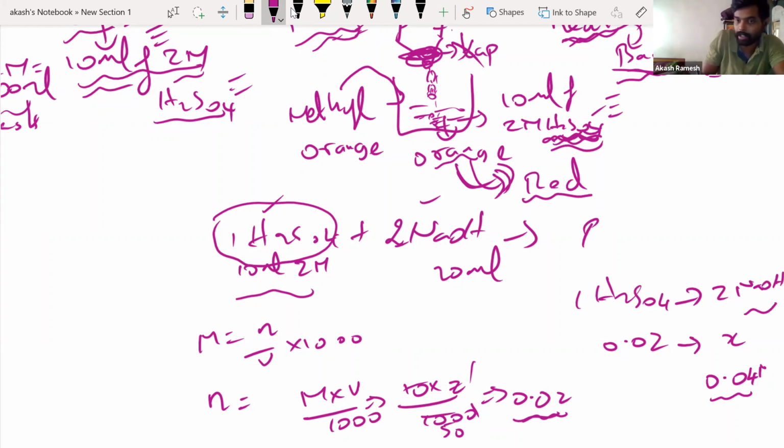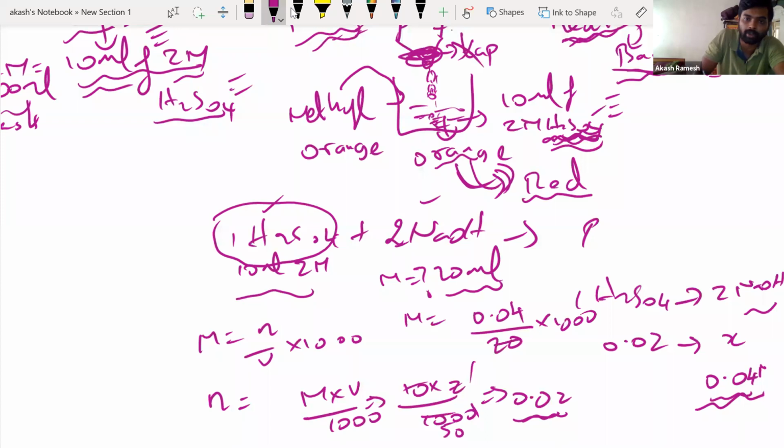Now, see, this is not the answer, guys. All we need is the molarity here. Now you know the number of moles which is required. You already found out the volume from the burette calculation. Now you can easily get the molarity. Molarity would be number of moles, that is 0.04 we calculated here, divided by the volume, which is 20 ml into 1000.